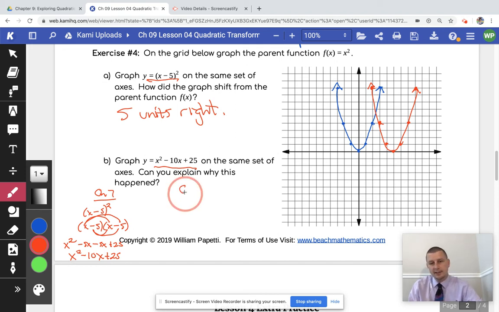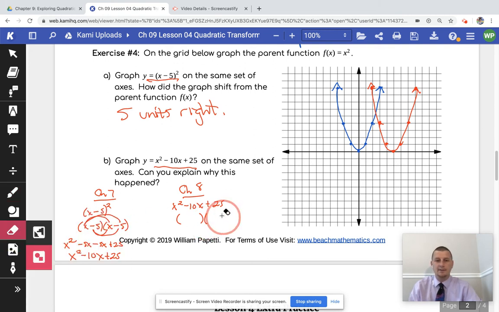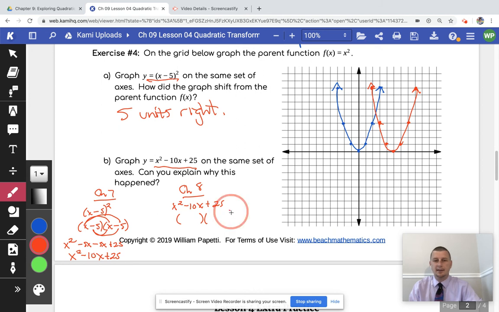But if you looked at this from a chapter 8 perspective where we learned factoring, we could start with x squared minus 10x plus 25, and notice that there are two numbers that multiply to 25, and those same two numbers add to negative 10. And you might think that those two numbers end up being, well, 5 times 5 will give you 25. But how can you get them to add to negative 10?